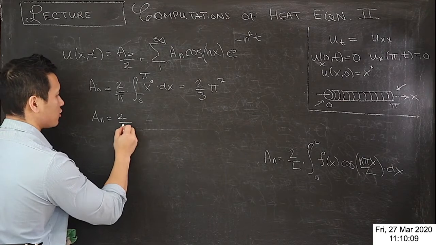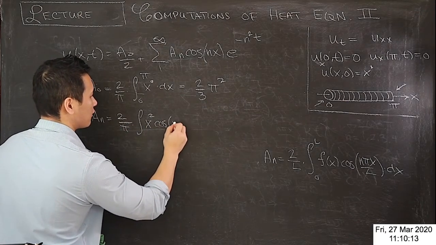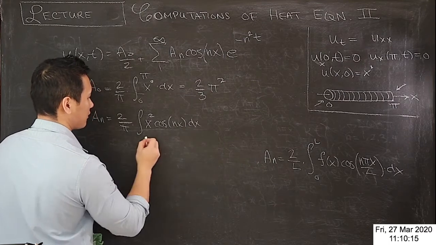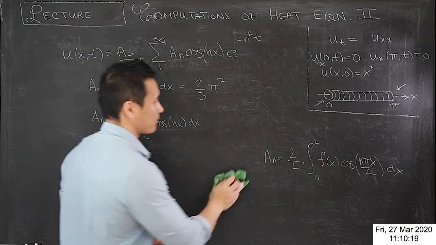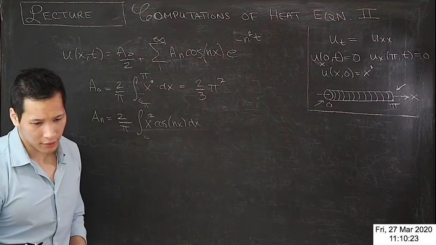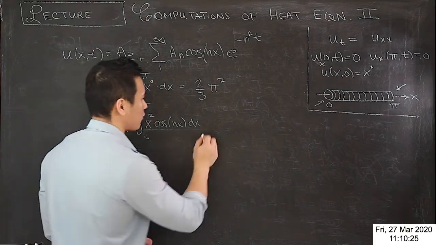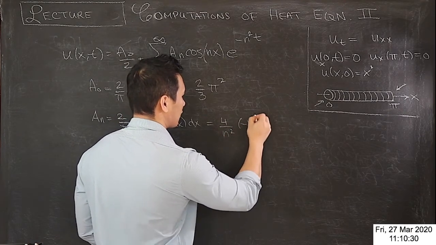This is 2 over pi, and then you integrate x squared times cosine of nx dx. So you have to do integration by parts twice. And this gives you 4 over n squared times minus 1 to the n at the end.